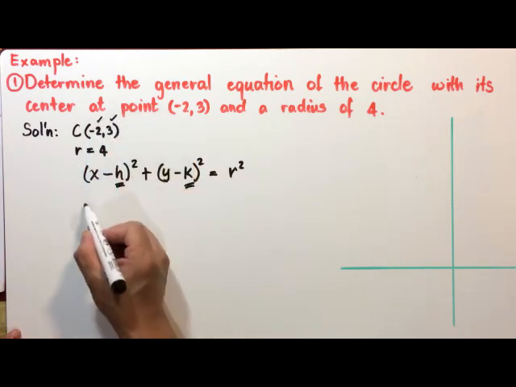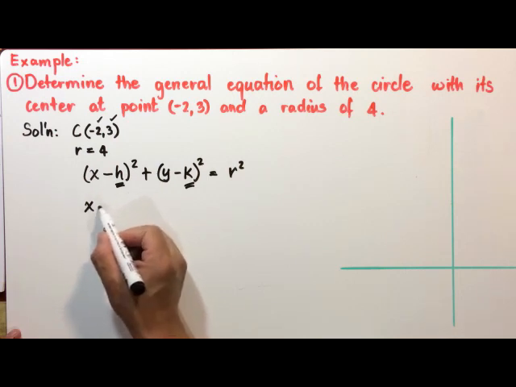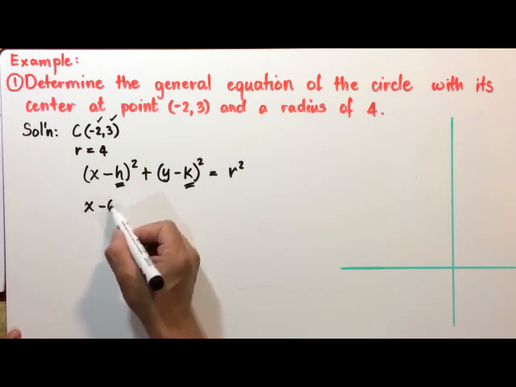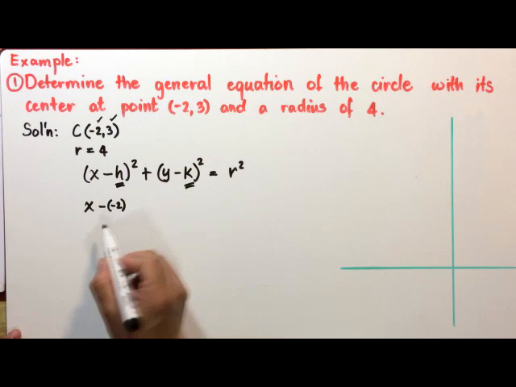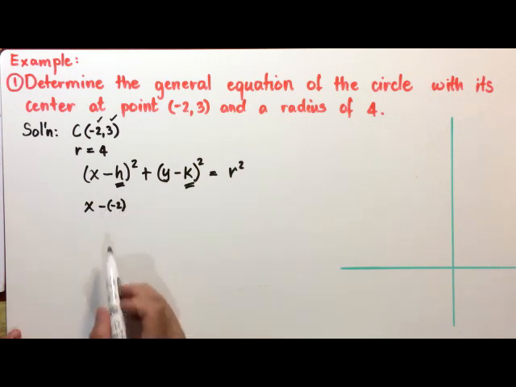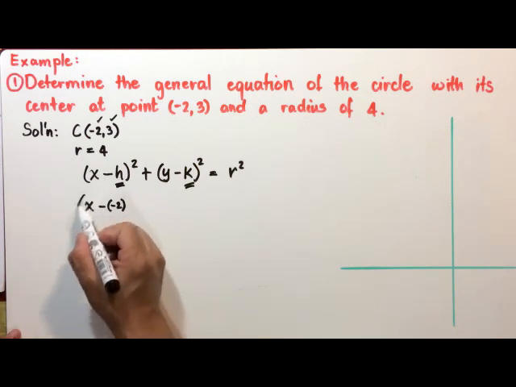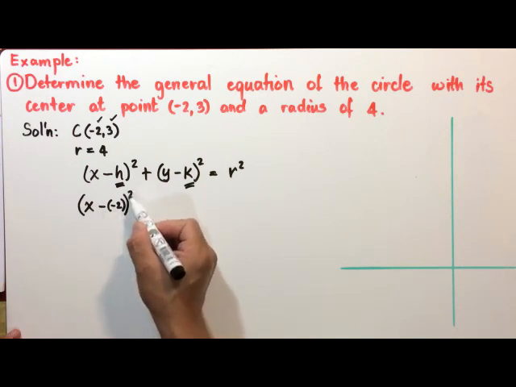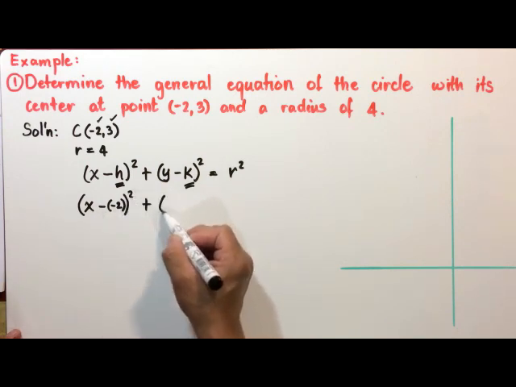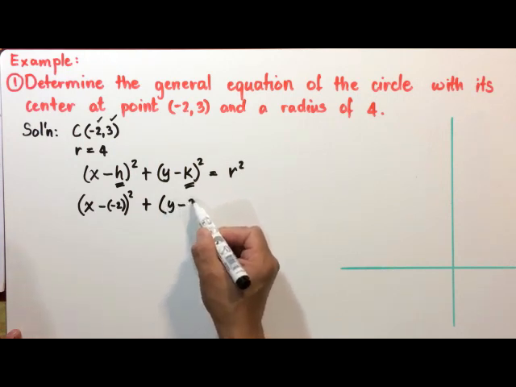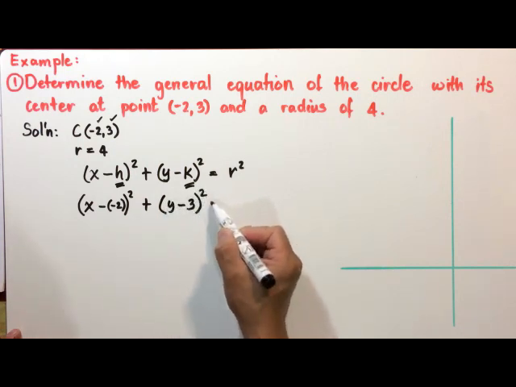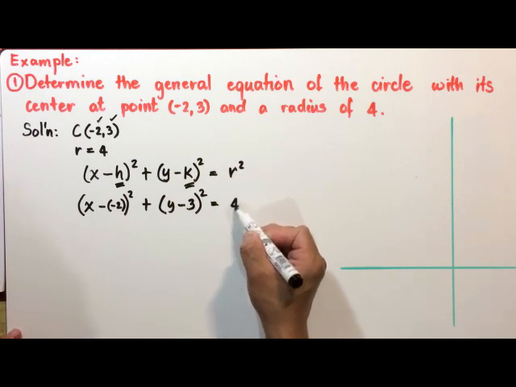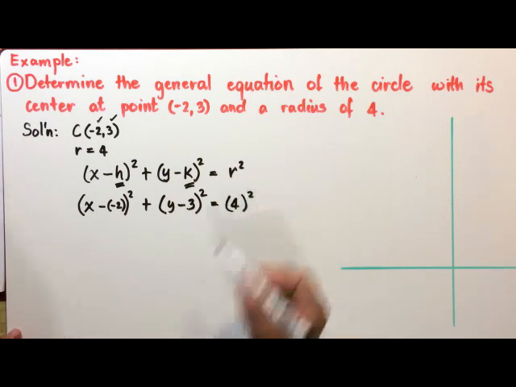So if I substitute that one, x minus the -2, so I may place that one inside the parenthesis because that's negative. So x minus the -2 quantity squared plus y minus 3 quantity squared is equal to 4 squared.